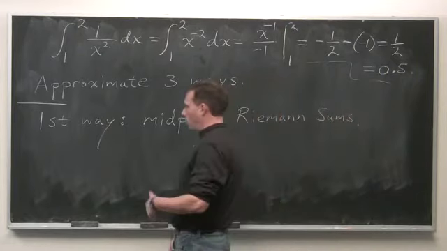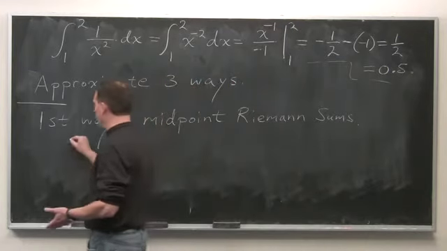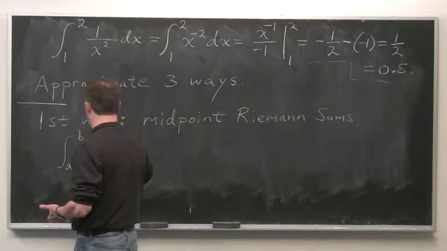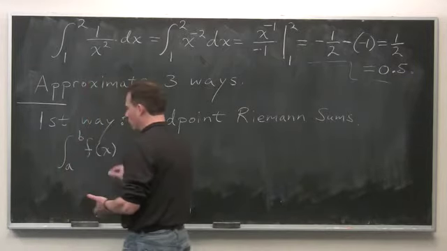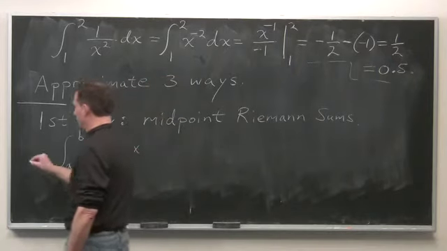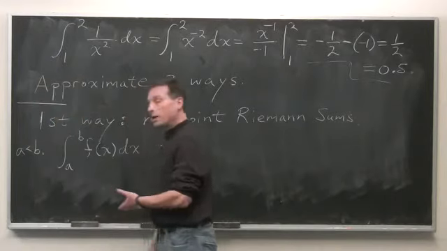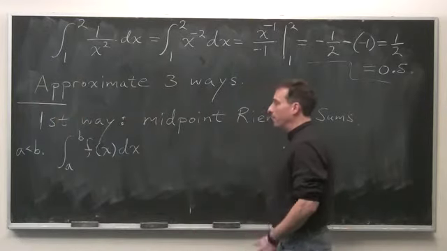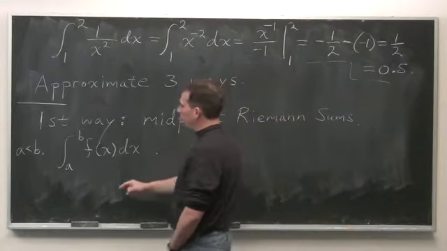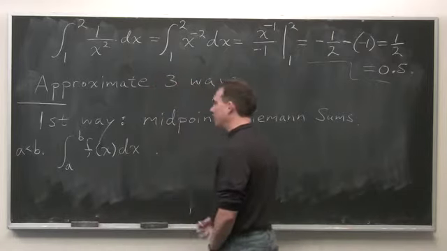So let's recall what this means. First we take the interval that we're interested in. Let's set up notation for the general problem. We have some integral from a to b of f of x dx. I'm going to assume that a is less than b. And I want to remind you what the midpoint Riemann sum means. What you do, a Riemann sum, well, we're looking at the closed interval from a to b.